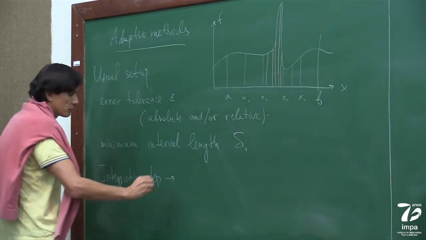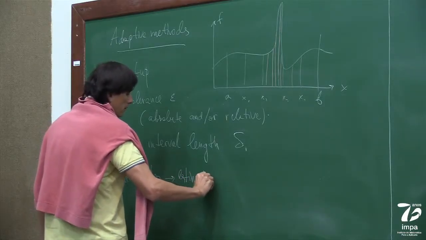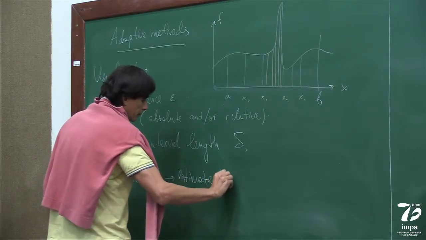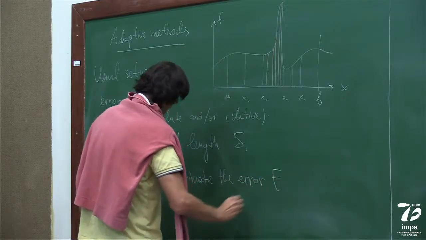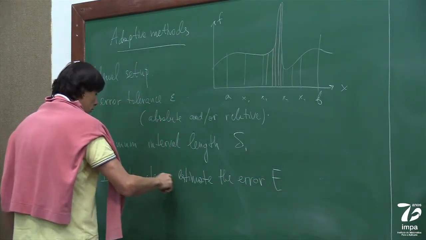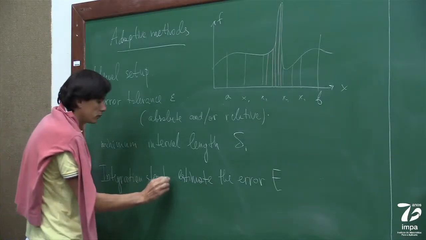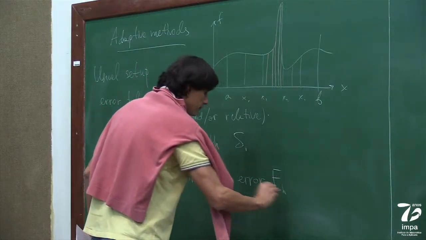So the method is that you do an integration step, then you estimate the error on this step. So you put a step, let's say, of the length h. Then you estimate the error at this step.